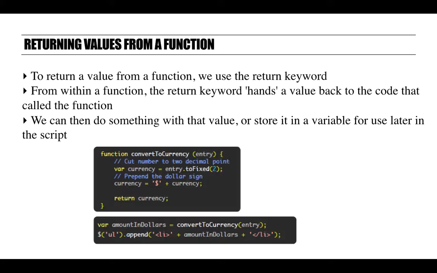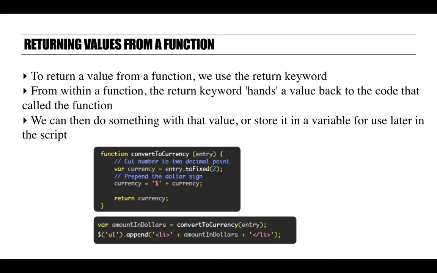Yeah, so in this case, let's take a look at it. This function, convert to currency, is going to be taking an entry. And so we're saying entry to fixed 2. And what's that doing? Yeah, exactly. So this is going to make my entry into 2 decimal places. And then I'm going to assign it to this variable currency. So now my currency is whatever they typed in with 2 decimal places.